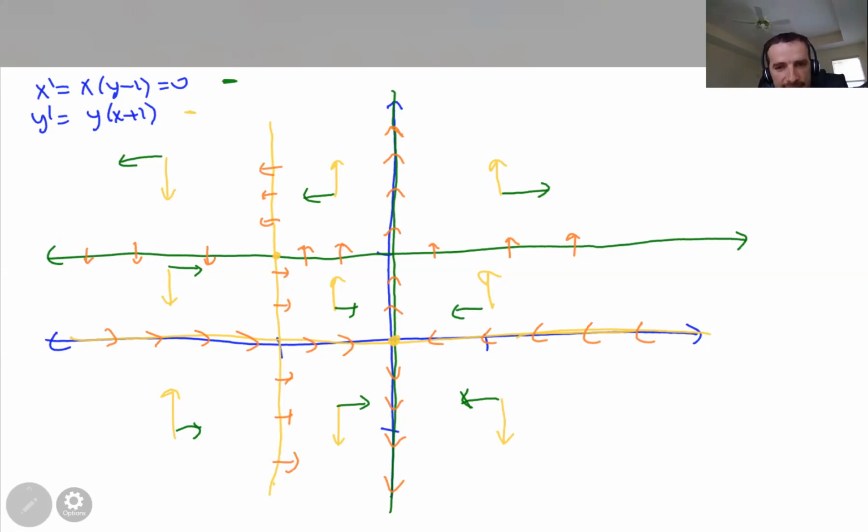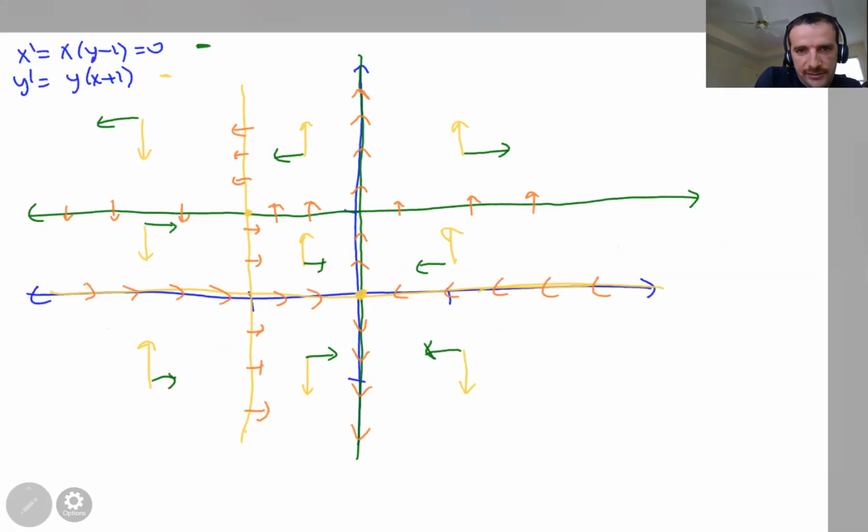Okay, nice. We got all the arrows. And now what's next? So what are the critical points? Again, the critical points are (0, 0) and (1, 0), this one, right? So we should find the eigenvectors first of all.